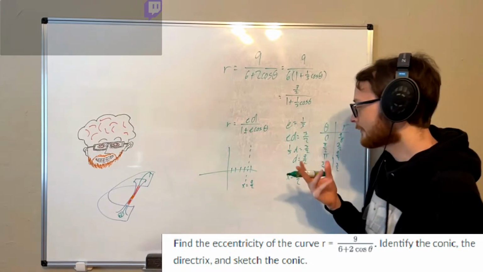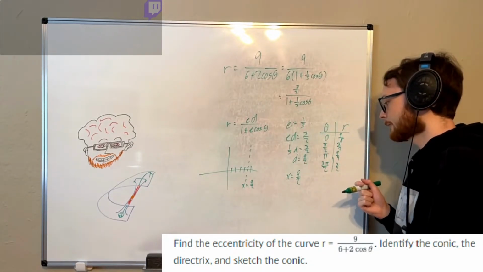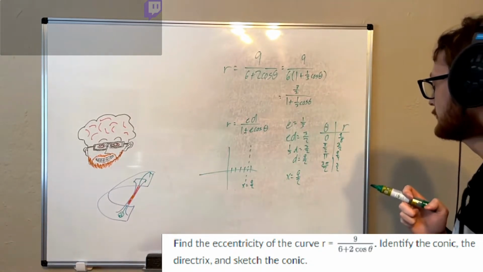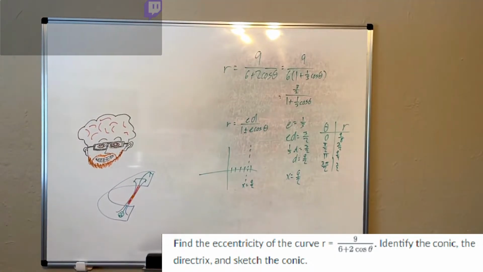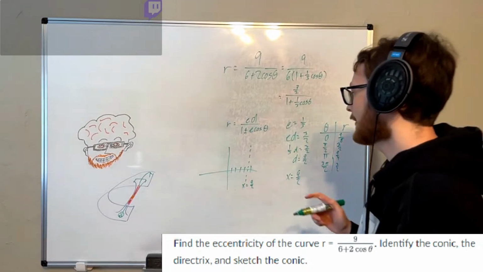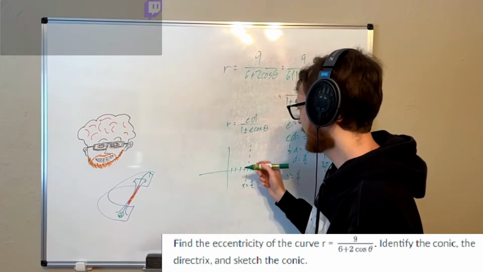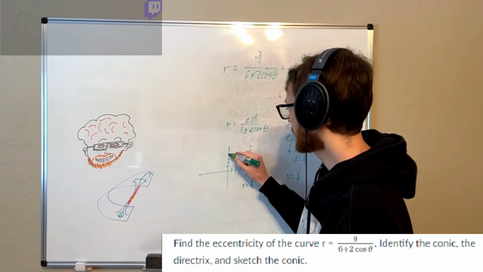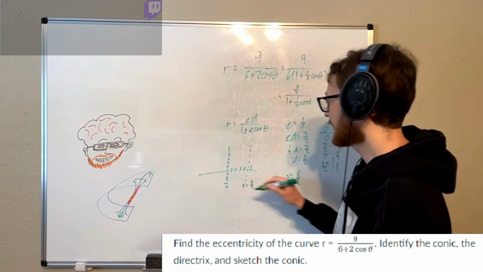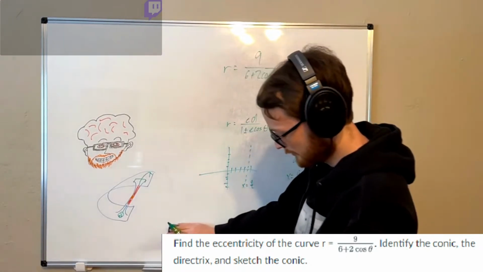There's this weird mix of Cartesian and polar that I'm not a fan of, but it's like I've already attached some Cartesian coordinates to this, but the actual points that I tried were polar.